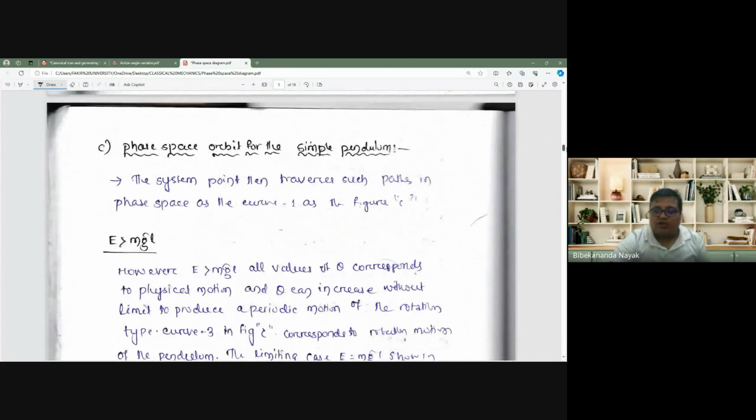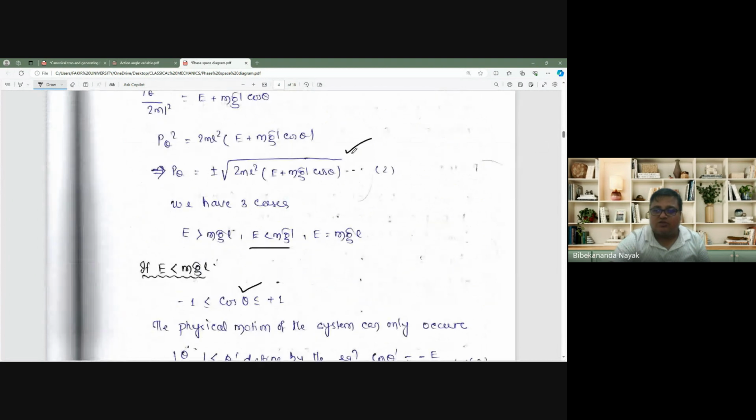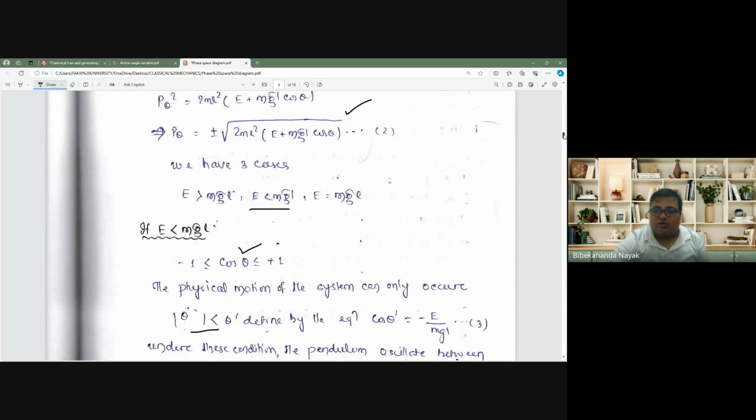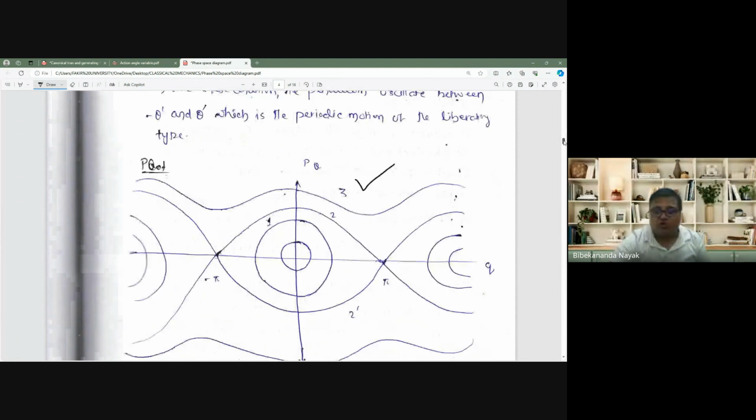For energy equal to mgl, cos theta varies between minus 1 and plus 1, so this bracketed quantity has a larger value. Only when mgl cos theta is equal to E will it be 0. Otherwise, it has a value.